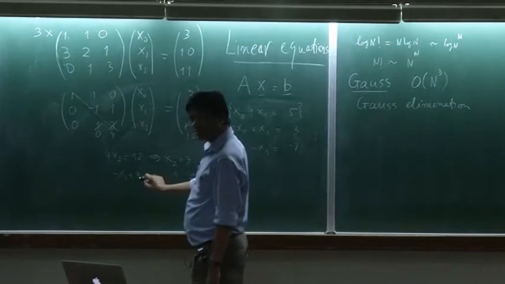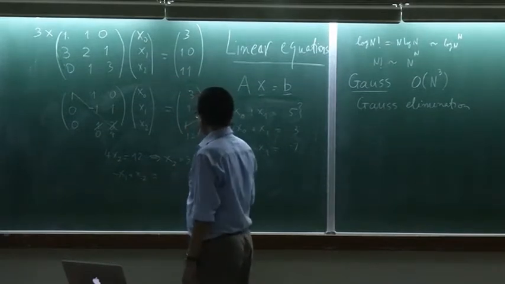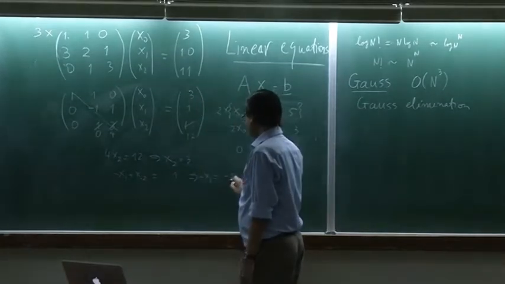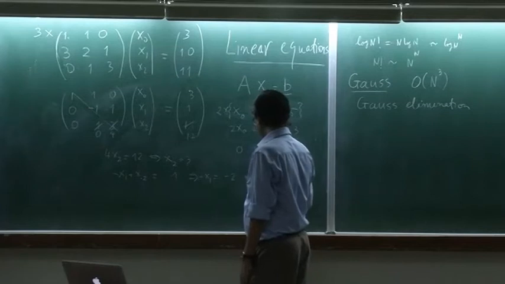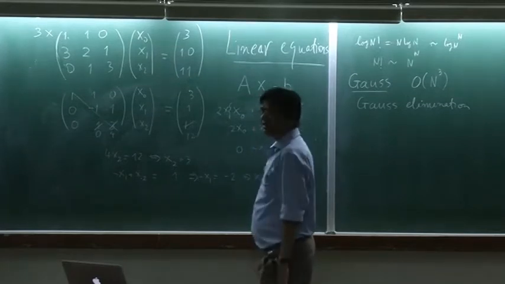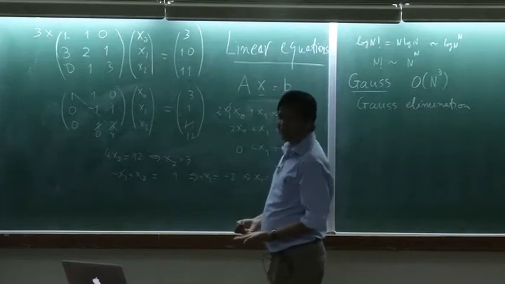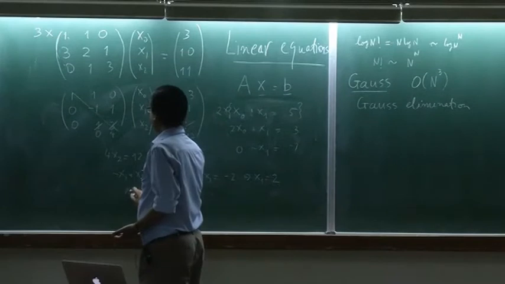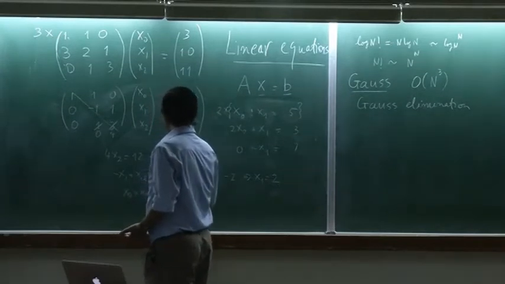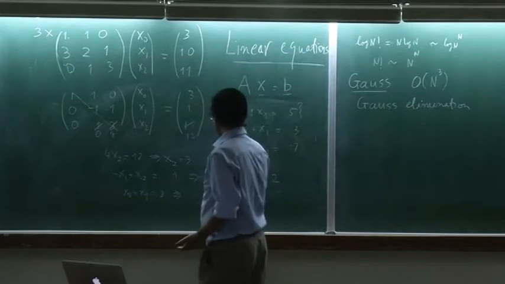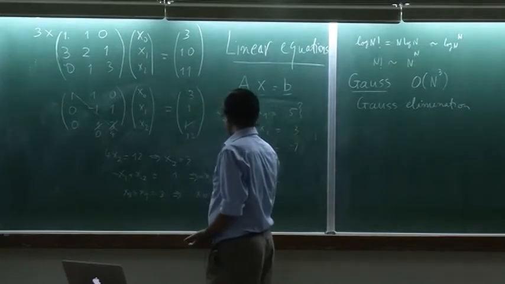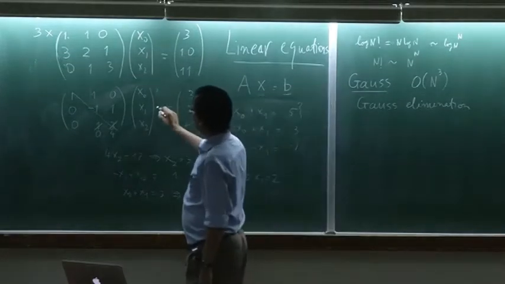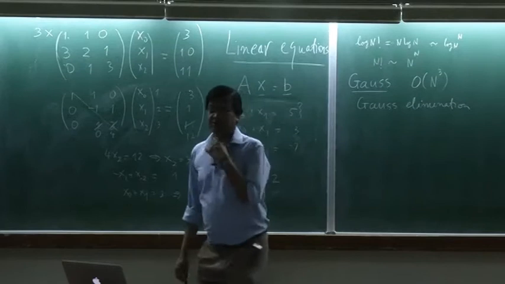I substitute x2, which is 3, so minus x1 equals 1 minus 3, which is minus 2, so x1 equals 2. Once I know x1 and x2, I can find x0 from the top equation, x0 plus x1 equals 3. Substituting x1 gives x0 equals 1. So my answer is x equals 1, 2, 3. That's my answer. So this is how it's solved.